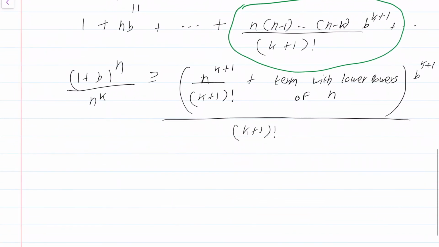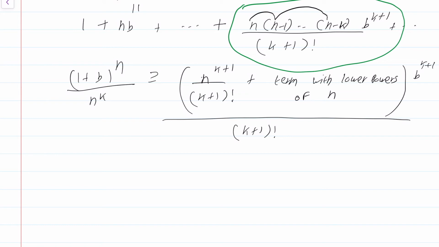Okay, so what I have done is I have focused on one of the terms, the one having b power k plus 1 as the coefficient. Then I am expanding this binomial coefficient, and I notice that there will be one term which has k power 1, when you multiply all the n's together.